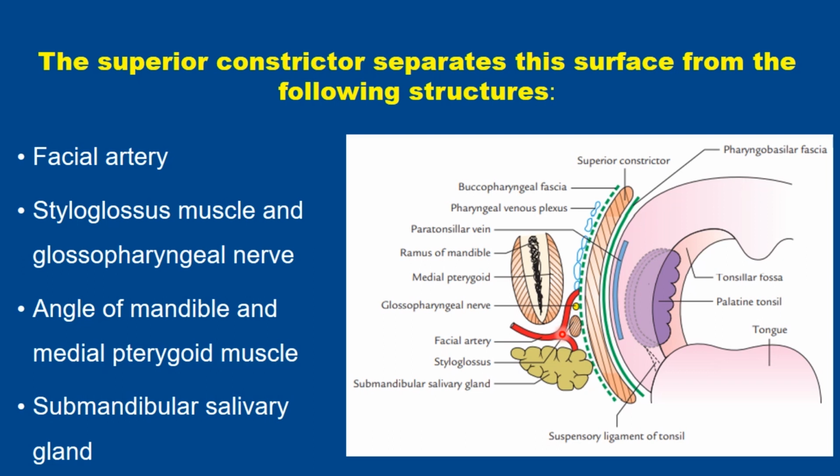Then it also separates the styloglossus muscle, the glossopharyngeal nerve, the styloid process when it is elongated, the angle of the mandible, and the medial pterygoid muscle.